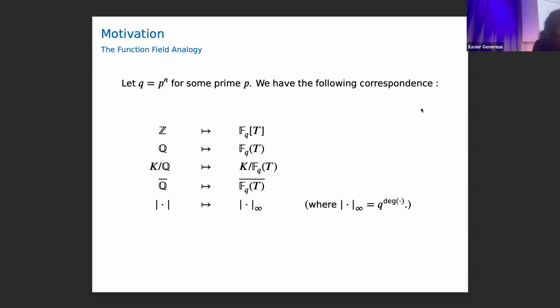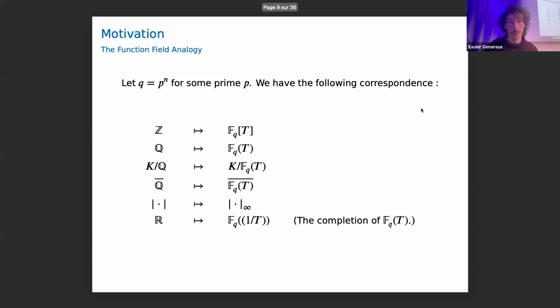Does this absolute value infinity alone satisfy the triangle inequality? Yes, something actually stronger than that for the function field case. The reason I introduced this norm is because I want to get the completion.